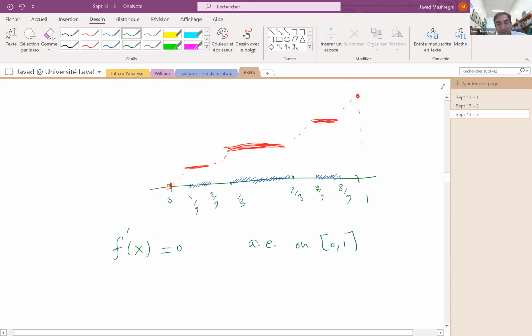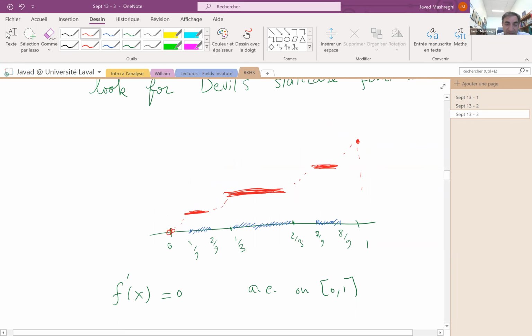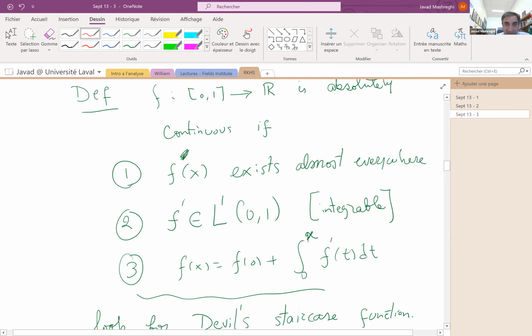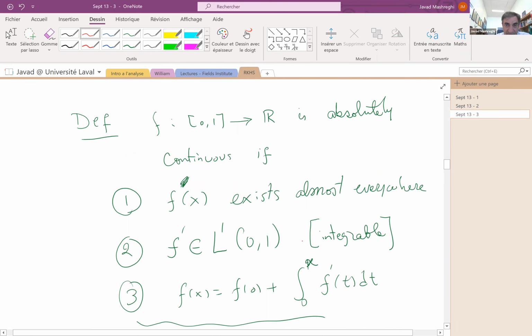It doesn't matter how we adjust these heights: if they are constant on the blue intervals, then f prime is equal to 0 almost everywhere. But we can adjust the heights such that it's a continuous function.